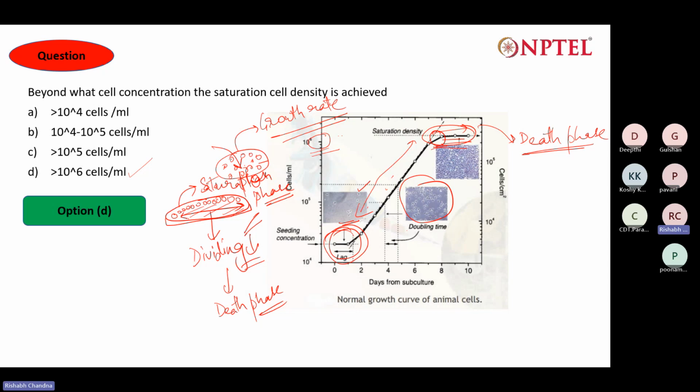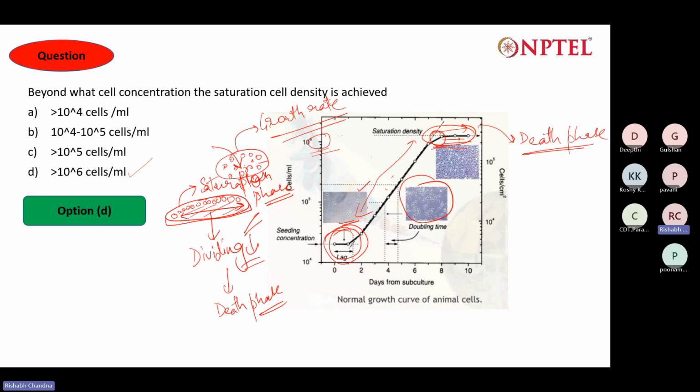You are talking about the confluency, right? Yeah. So yeah, it can be reached at that particular value. So how the answer will be 10 to the power of 6?